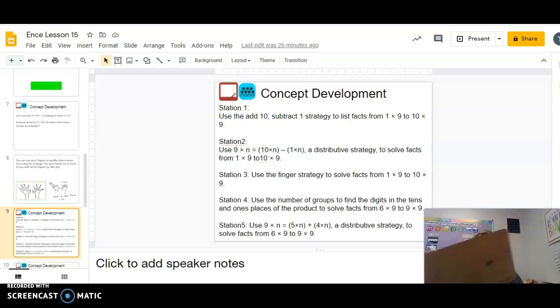So those are some strategies of how to solve 9's problems. If there is another way that is easier for you, please use it. There's also another strategy. Let's still continue with 9 times 4.